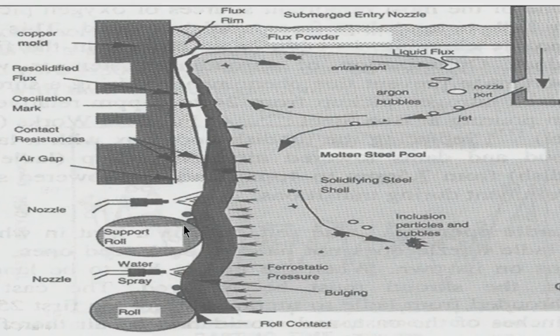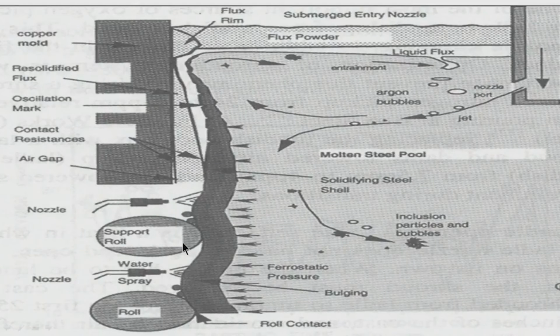When you are coming out of the mold, below the mold, there have to be some support rolls which will act as a support to the thin solid shell. The solid shell is increasing in thickness. At this height, still there is not much solid shell, the thickness is not much. So, there has to be some support. This support is given by the rolls, moving rolls.